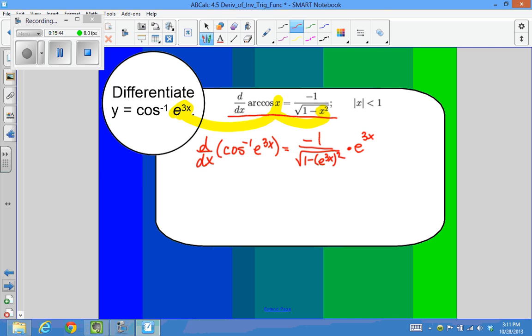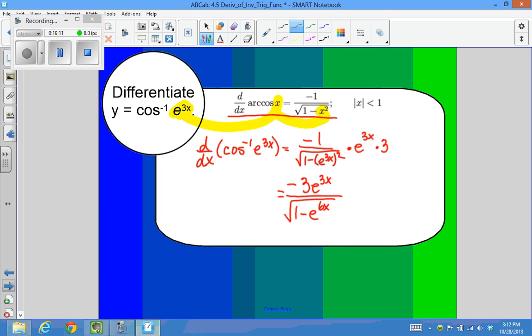And then apply the chain rule again. Derivative of 3x is 3. So your final answer on this one is -3 e to the 3x all over the square root of 1 minus e, and remember power to power you multiply, so 3x times 2, and we'll get 6x there. And that's your answer, and you're done.